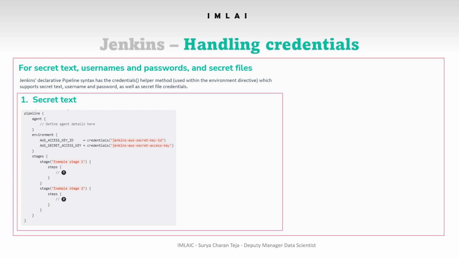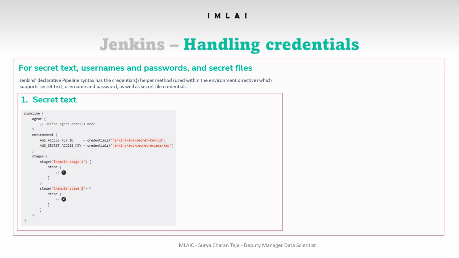You can reference the two credential environment variables as defined in the pipeline's environment directive. We have attached this into the pipeline environment directive because it's a declarative pipeline. That's the reason we have that provision to attach these things into the environment directive.